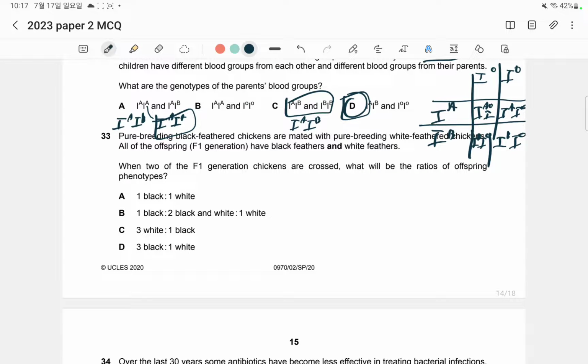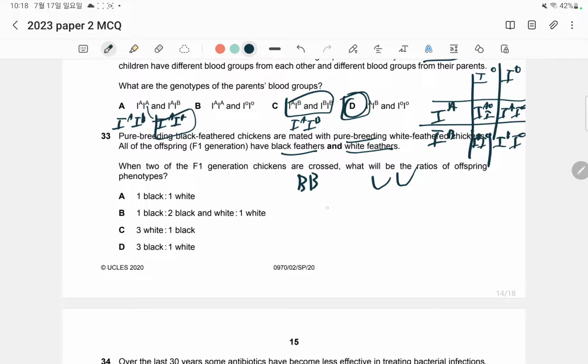Pure breeding black feather chickens are mated with pure breeding white feather chickens. All of the offspring have black and white feathers. When two of the F1 generation chickens are crossed, what will be the ratios of offspring phenotypes? Okay, let me express the pure breeding black feather chickens as BB and the pure breeding white feather chickens as WW.